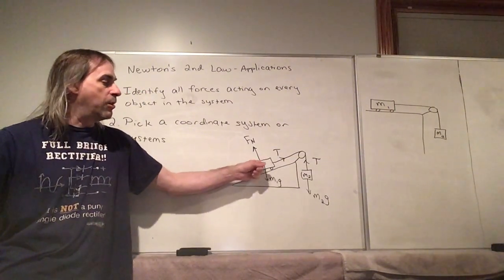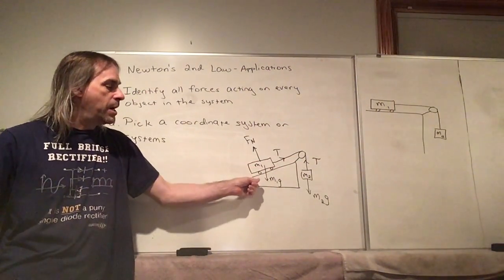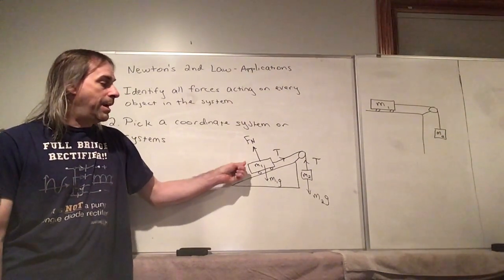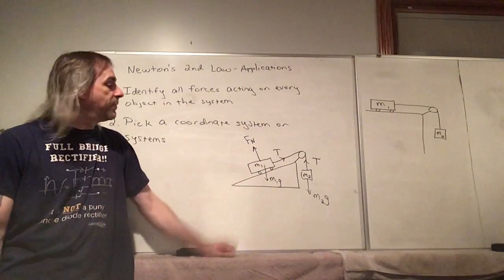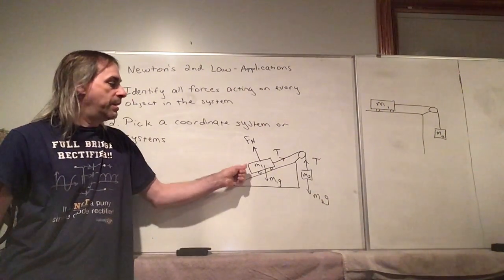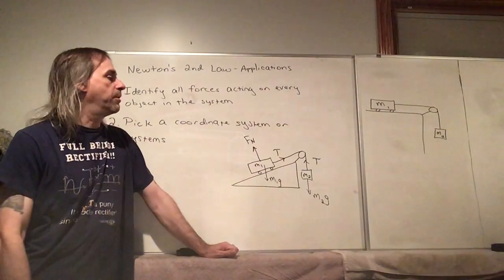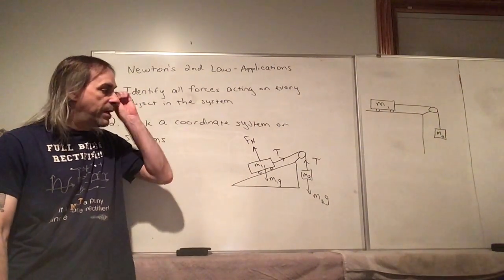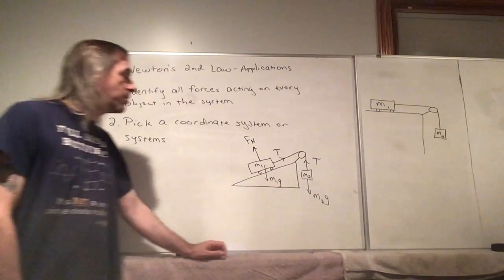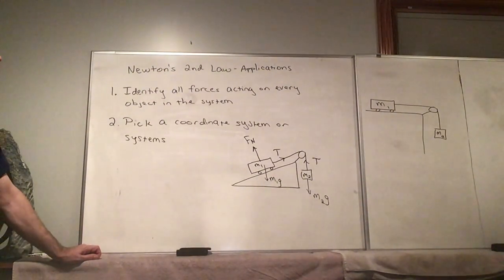It depends on the relative masses, M1 and M2, and also the slope of the incline. If it's a steeper slope and M1's bigger, it's going to win. So we have to determine what direction this thing wants to move without friction, and once we do that, then we can determine how to add friction to it. But I put wheels on it so we can ignore friction.